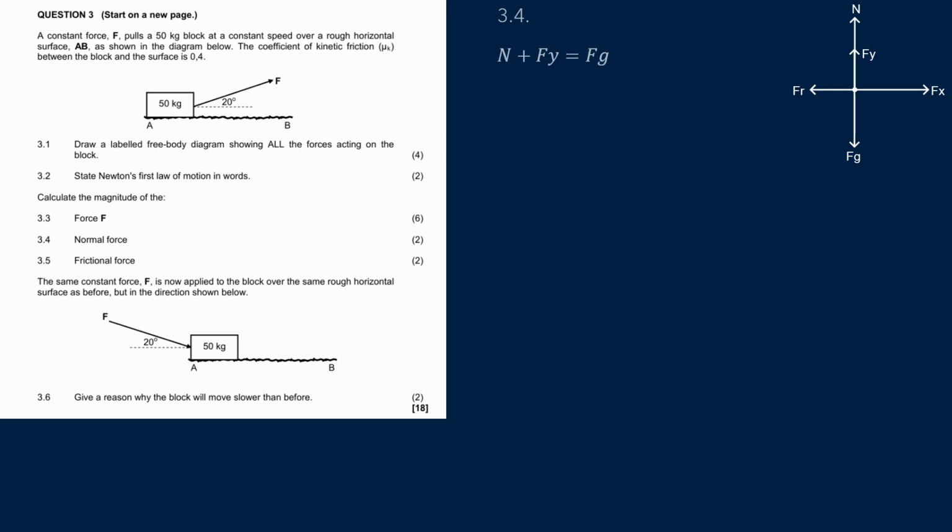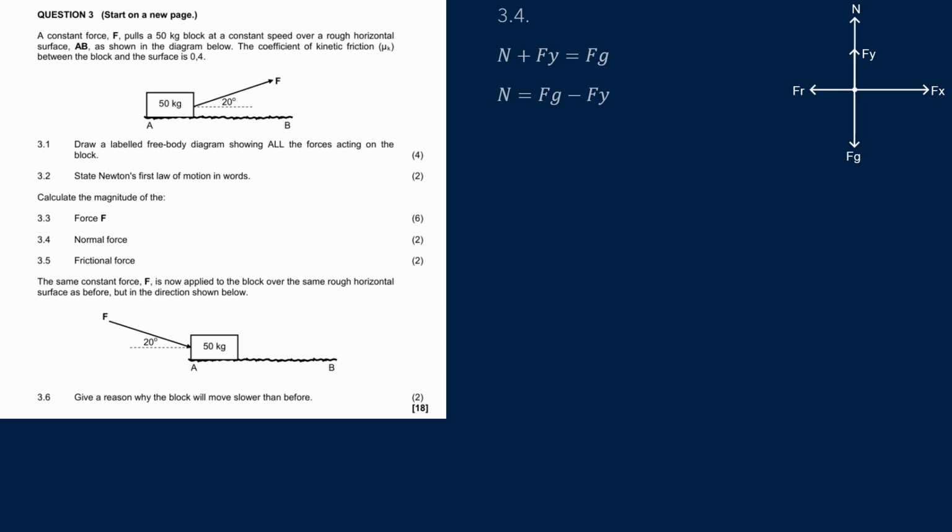I know that this box is not moving up or down, it's only moving to the left and right, and hence that means upward forces equals to downwards forces. They balance each other out, and hence it will not move up and down, and that is normal force plus Fy. That is, the upwards forces are equal to downwards forces, which is the force of gravity. Now making N subject of the formula, I will get N is equal to Fg minus Fy.